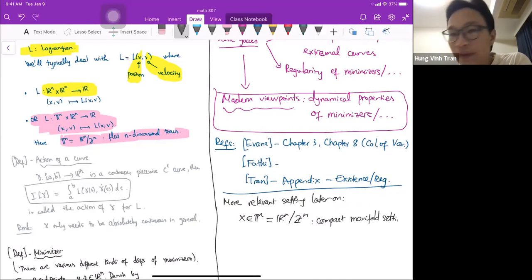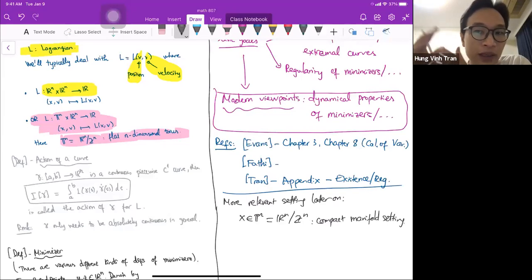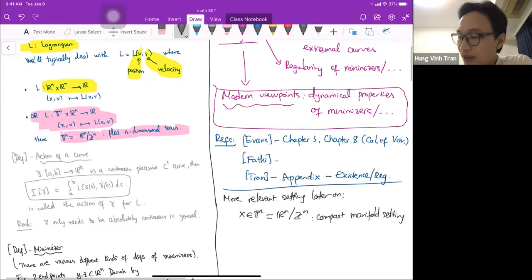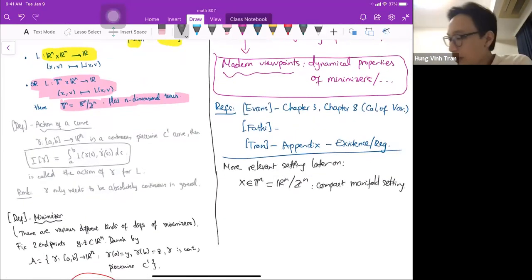You can see that in Fathi's book, all of this can be done for a more general compact manifold, but modulo a lot more difficult technicalities. The idea is going to be the same, whether I'm doing it for the torus or for the more general compact manifold. So I prefer to stay in the torus, so that's going to be the more relevant setting for us.